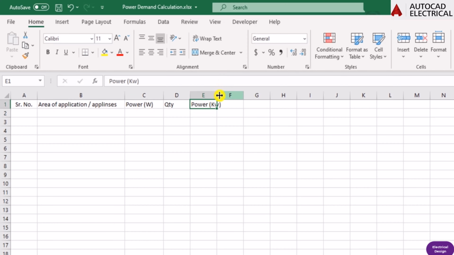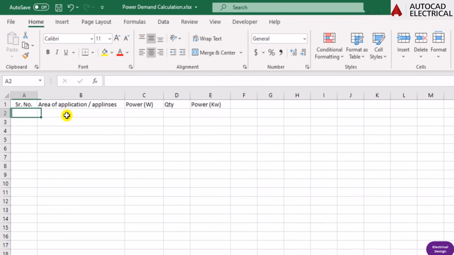So this is how to prepare the Excel sheet to calculate the electrical power demand.